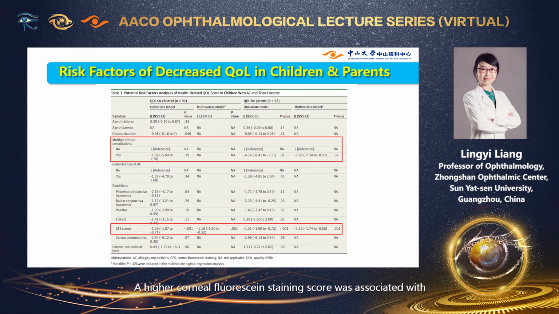A higher corneal fluorescein staining score was associated with decreased children's quality of life score and decreased parents' quality of life score. Multiple consultations were associated with the parents' quality of life.